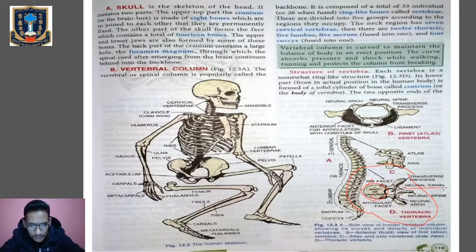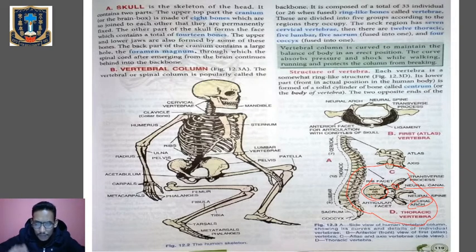The neural canal is formed by the fusion of two neural arches. One neural arch you can see over here, and one is over here. These two neural arches give rise to the neural canal, and in natural position the spinal cord will run through this neural canal.